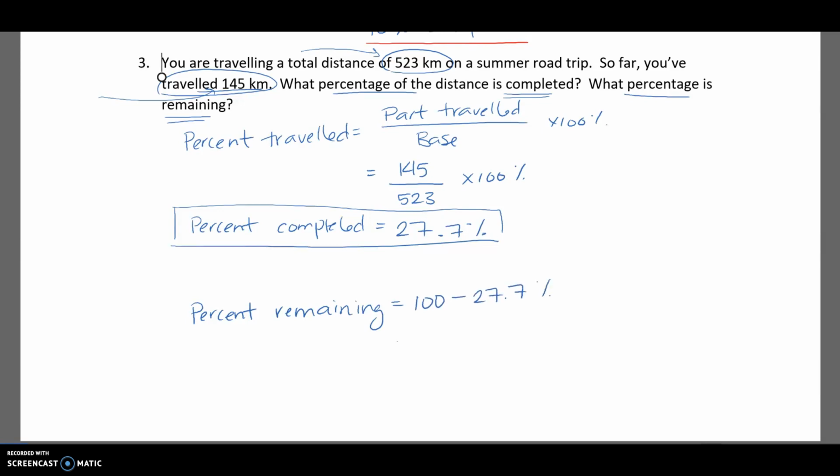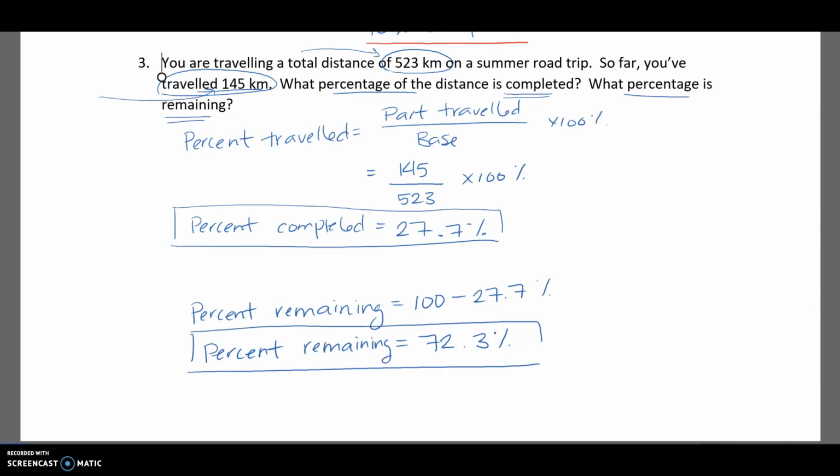The difference will be the percentage of the trip that's still yet to be traveled, which is 72.3%. So remembering that the total is always equal to 100% can be helpful when you're doing a question like this. In the next video, we'll look at how to rearrange the percent formula to solve for either the part or the base.